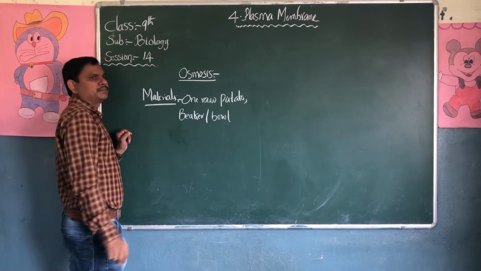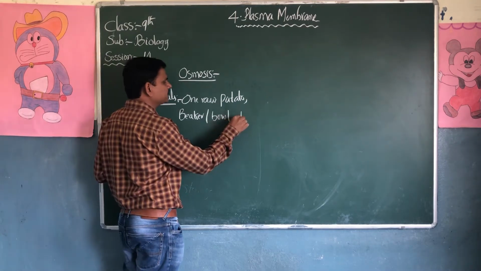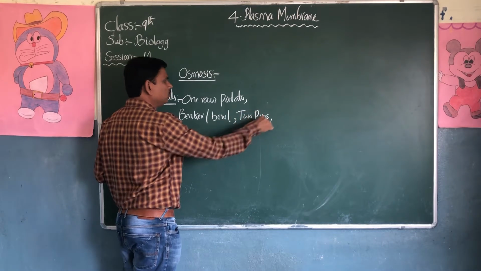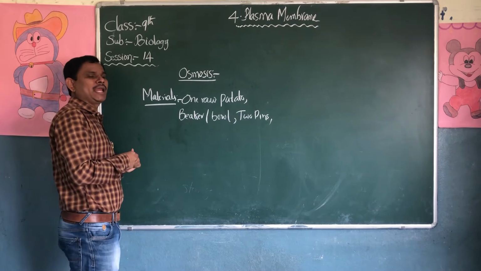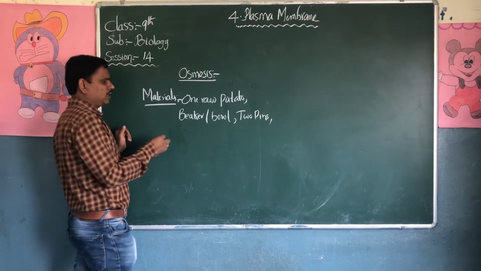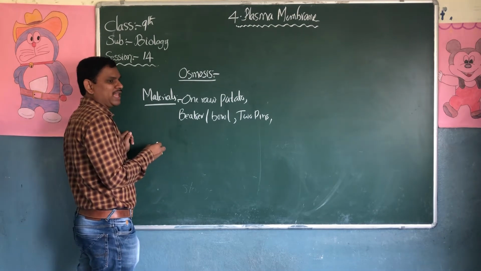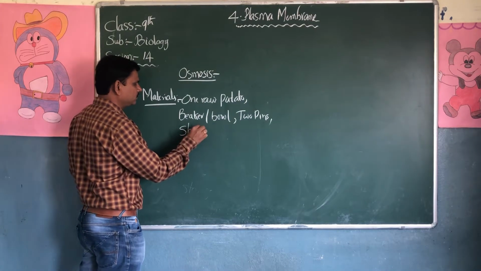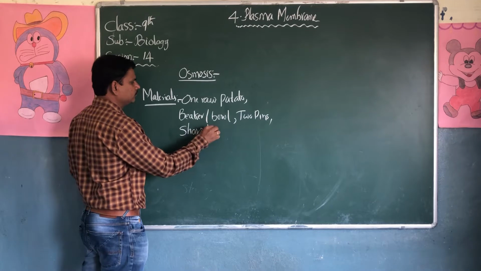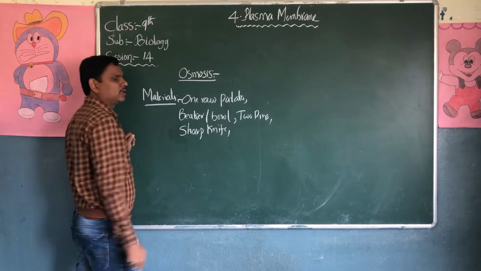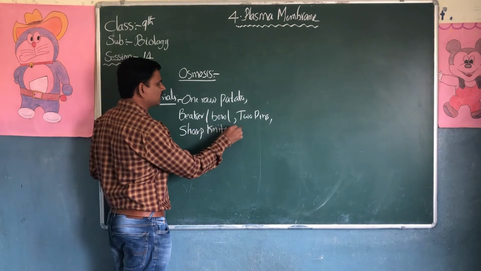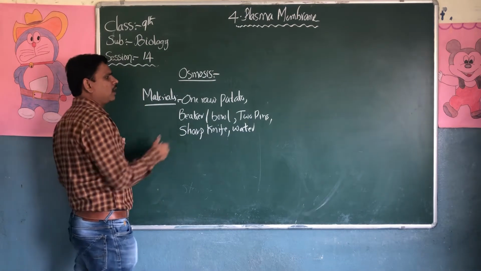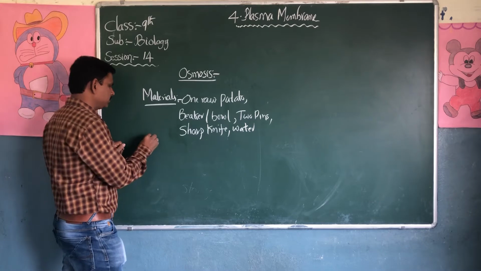We need two small pins, which mark the water level in the potato. And we need a sharp knife, and water also. So now we come to the procedure.